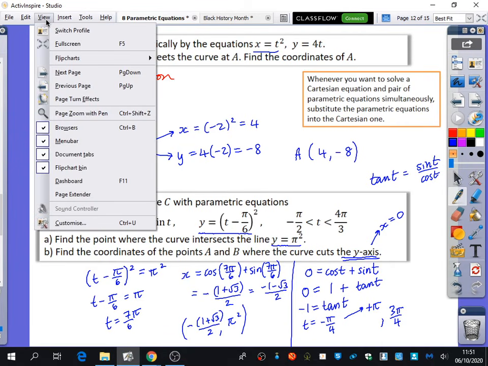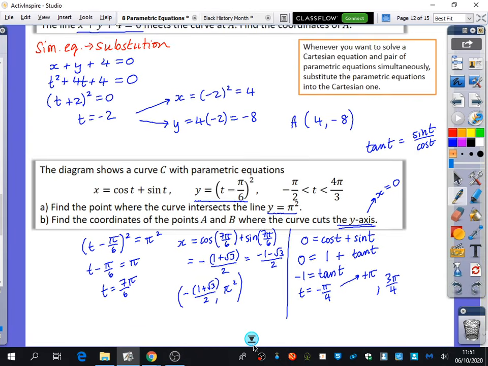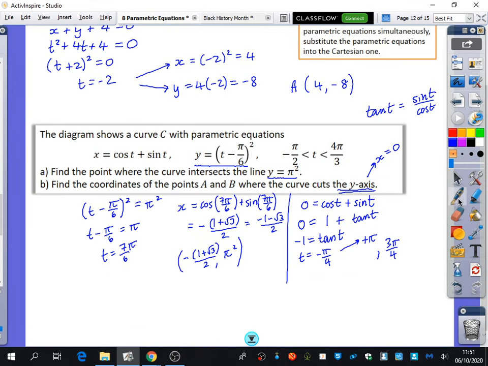I'm just going to do the page extender so I've got a bit more space. Sorry if you've run out of space in your booklets. So we know that y is going to be t minus pi over 6 squared. So that's going to be minus pi over 4 minus pi over 6, all squared. So that's minus 5 over 12 pi.